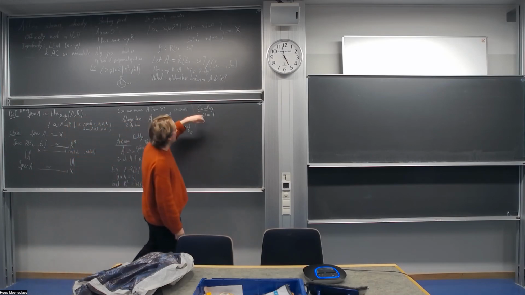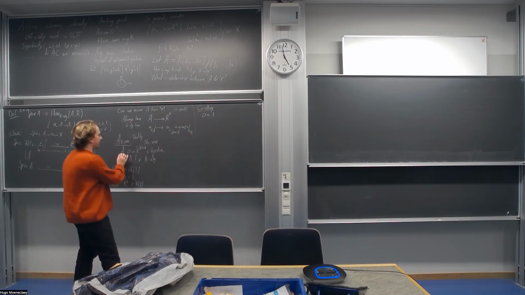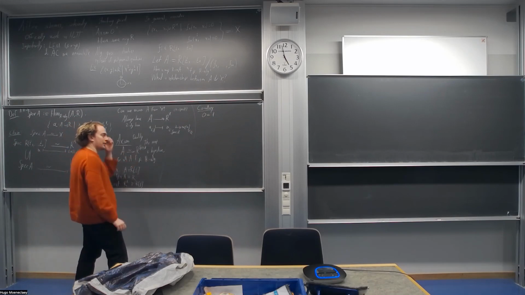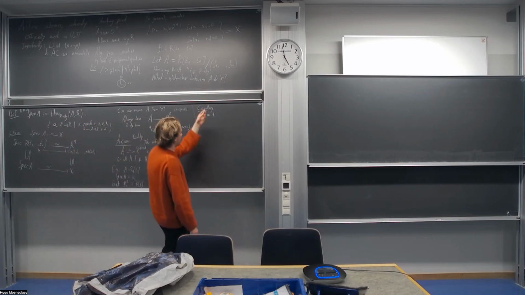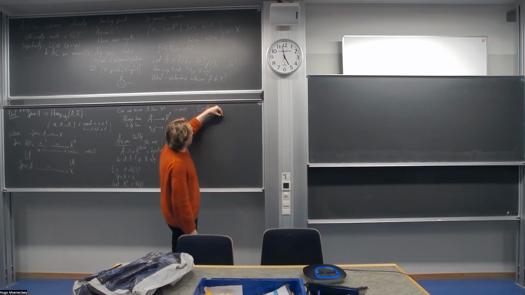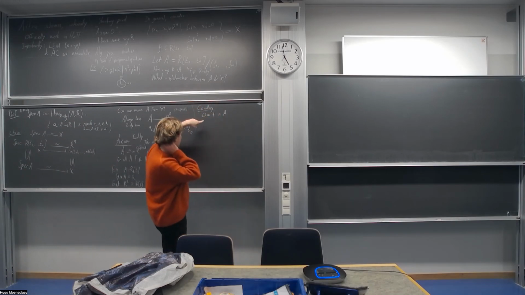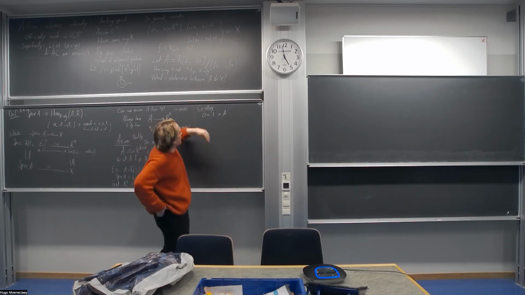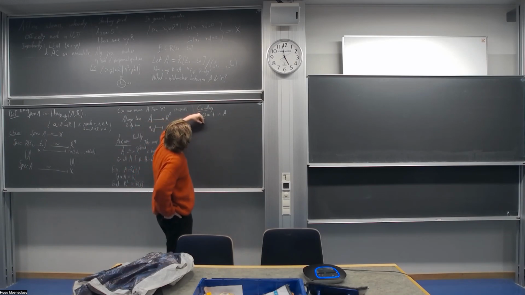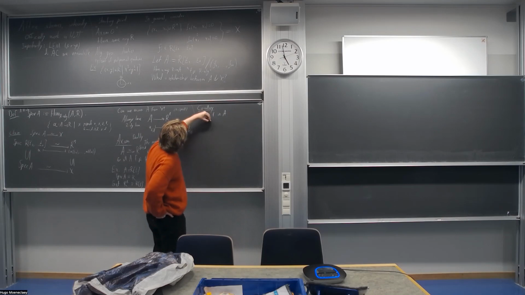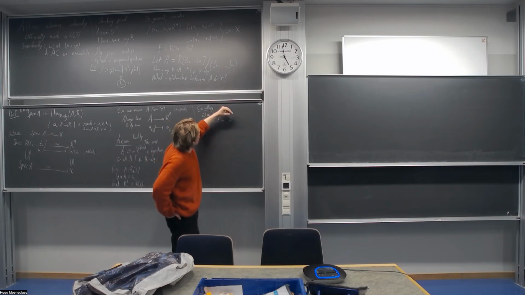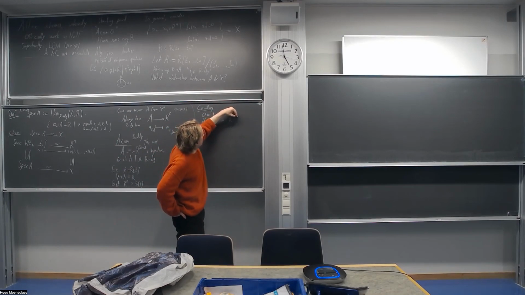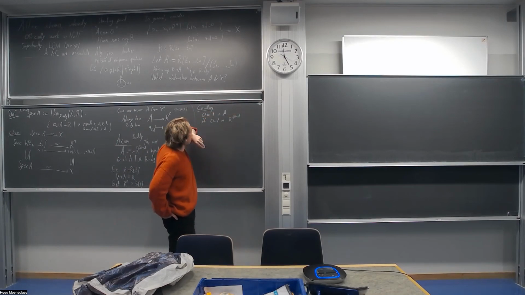So in particular, I can ask, is this trivial? And I can ask, is this trivial? And the answer is the same in either case. A ring is trivial if 0 equals 1. So I have that 0 equals 1 in A if and only if 0 equals 1 in R^(Spec A).